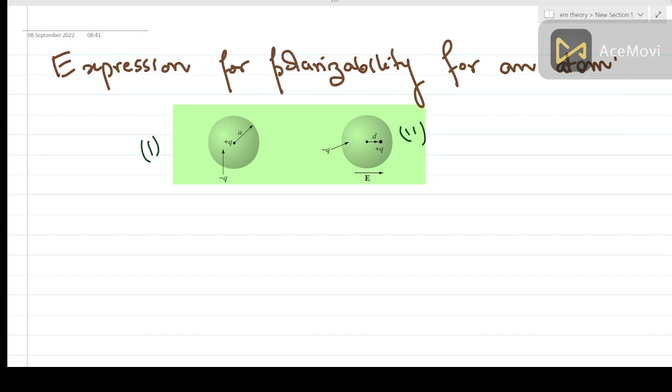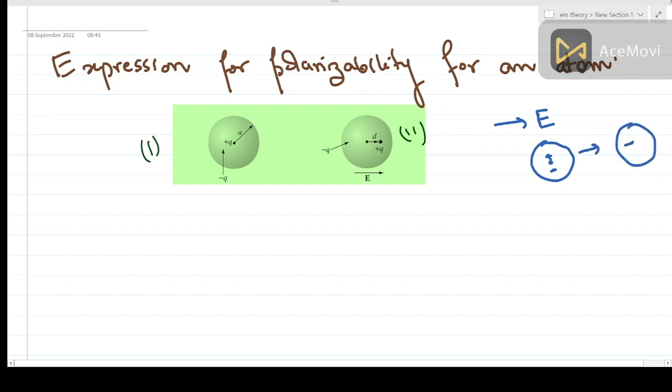So let me remind you in brief what is polarization. Polarization means when you are applying an electric field to a neutral material and it is an insulator, in that case the positive and negative charges are separated by a small amount. So after the application of electric field, what happens?